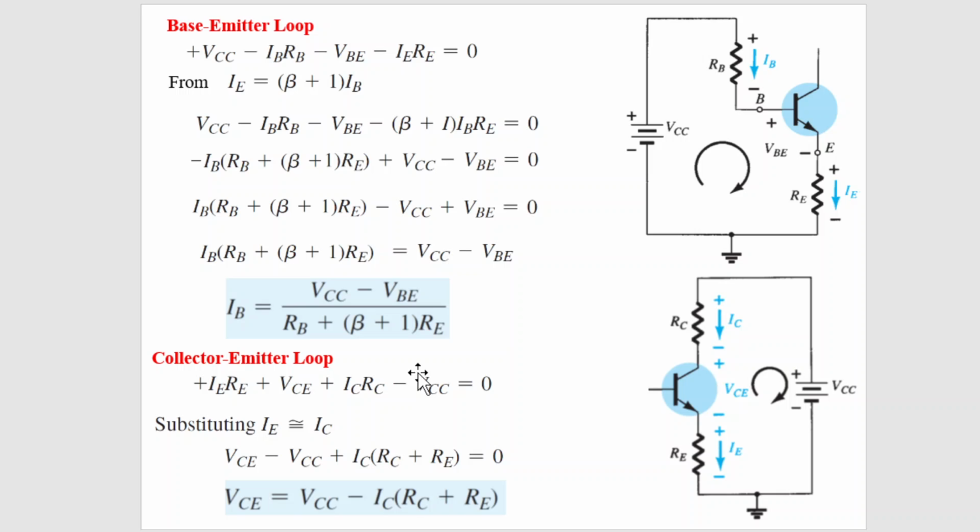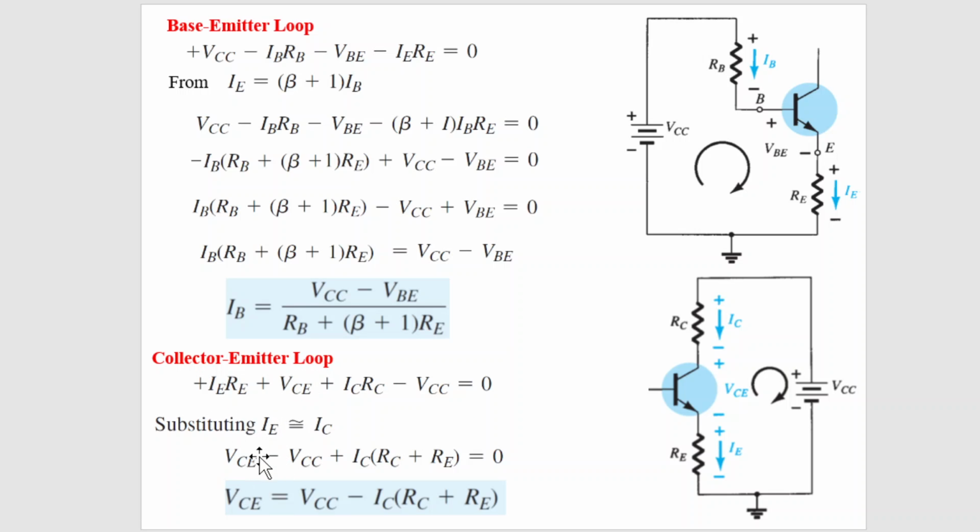That means base current is nearly thousand times less than the emitter current and collector current. So one can have a good approximation that emitter current is approximately equal to collector current. Here we have two currents, so in place of emitter current, if we substitute collector current, then we can calculate VCE.